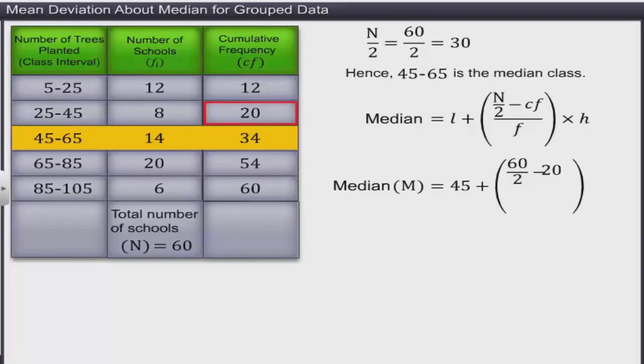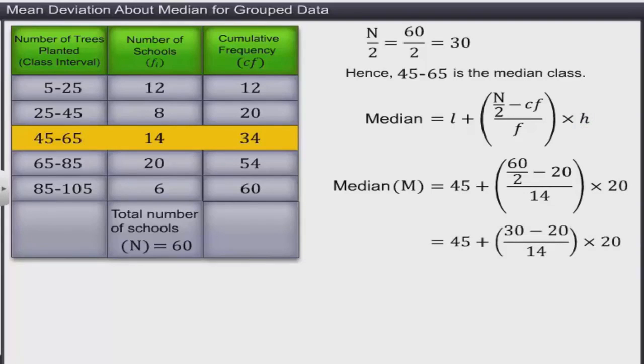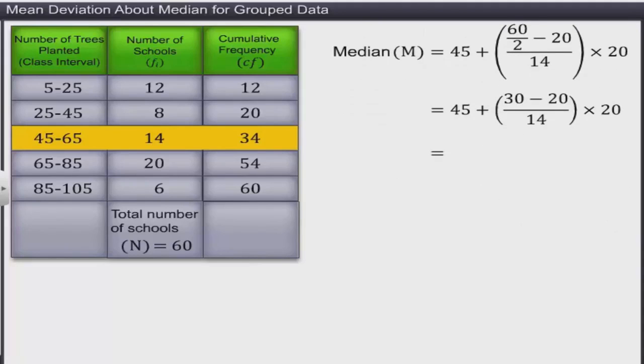F is the frequency of the median class, which is 14. And H is the length of the class interval, 20. On simplification, we get the median as 59.28.